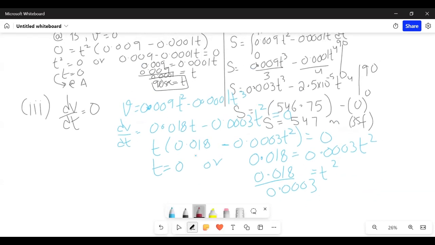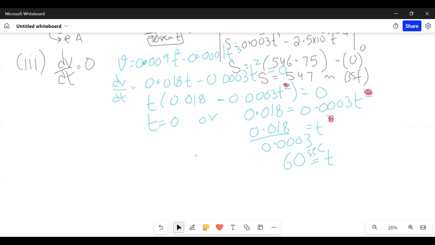So I've made a mistake over here. This is just t, not t square. So t comes out to be 60 seconds. So this means that when time is 60 seconds, the velocity is at its maximum. So you have to find that maximum velocity.